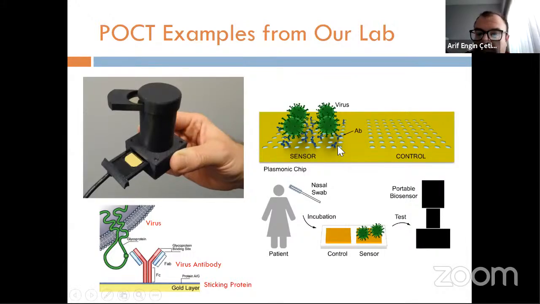For example, in this optical biosensor, my main idea was to detect the H1N1 virus. That's why I used an antibody that has high affinity to the H1N1 virus. If you want to detect the COVID-19 virus, you cover the surface with a COVID-19 antibody.